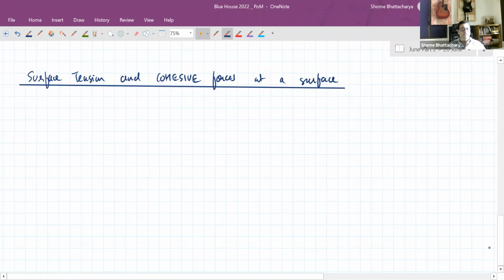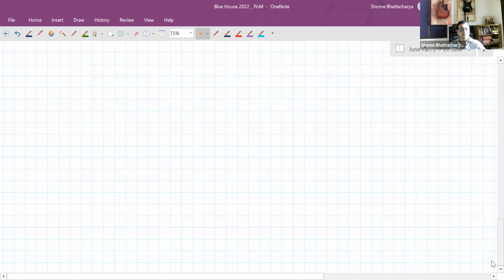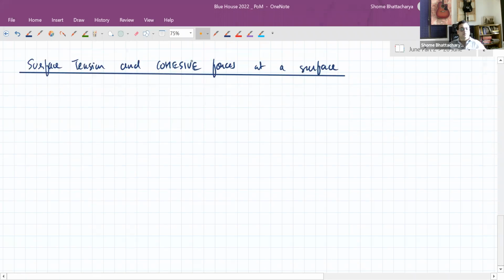So if we take our first example of a liquid surface, where we considered liquid in some sort of an open vessel.